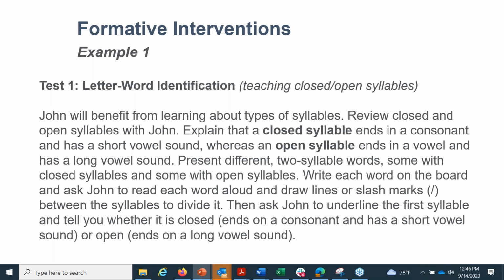So John will benefit from learning about types of syllables. Review closed and open syllables with John, explain that closed syllables end in a consonant and have a short vowel sound, whereas an open syllable ends with a vowel and has a long vowel sound. And it goes on to explain how to implement that particular intervention.